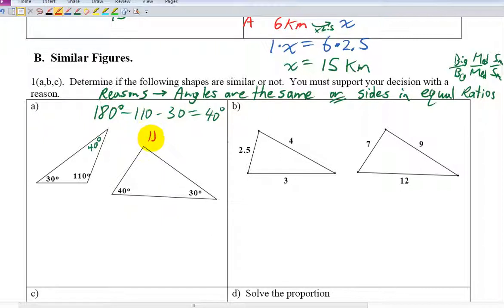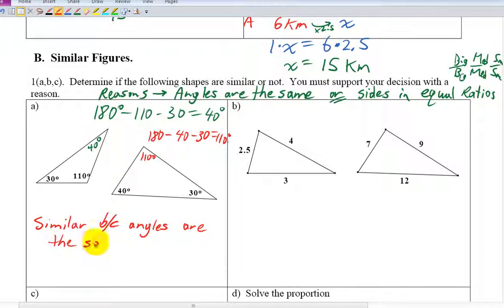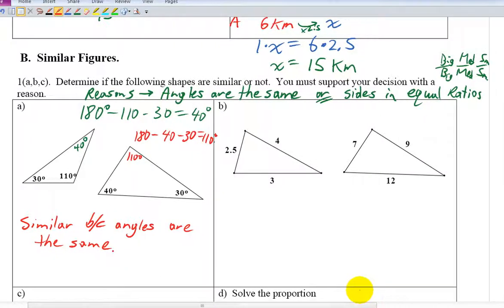The other one will be 180 minus 40 minus 30 equals 110 degrees. Find all the angles first. So now, are these triangles similar? Yeah, they're similar because angles are the same. Okay, good.